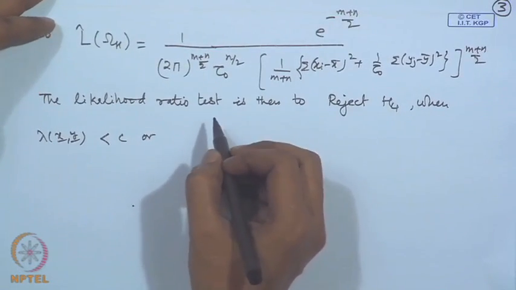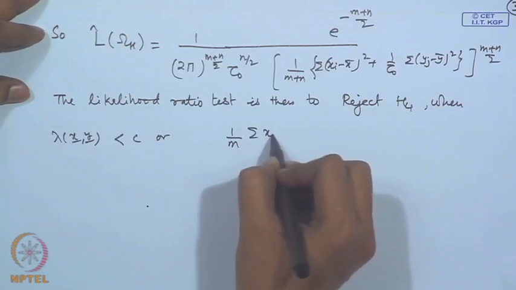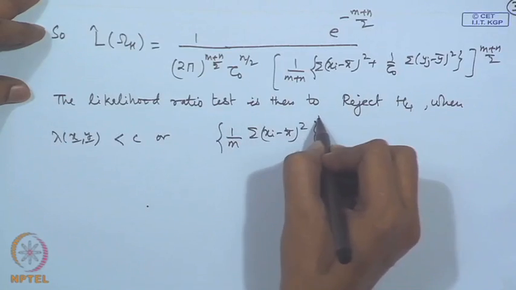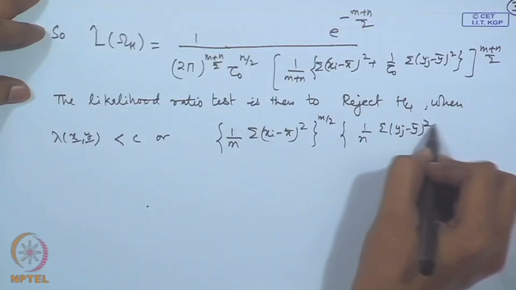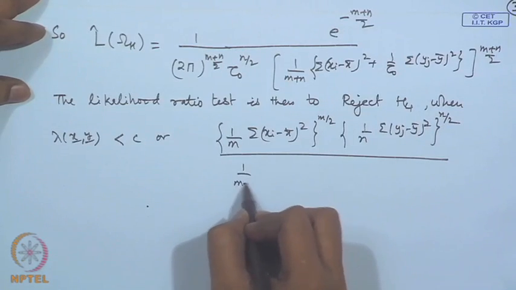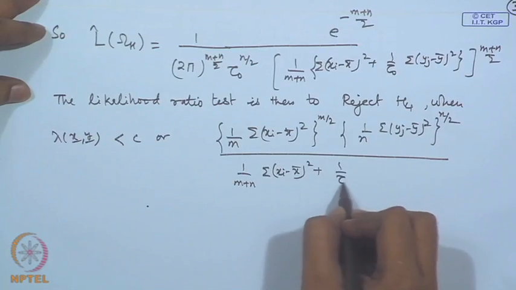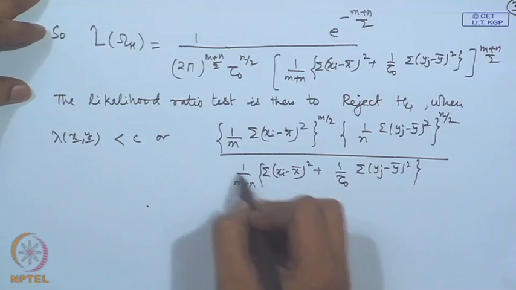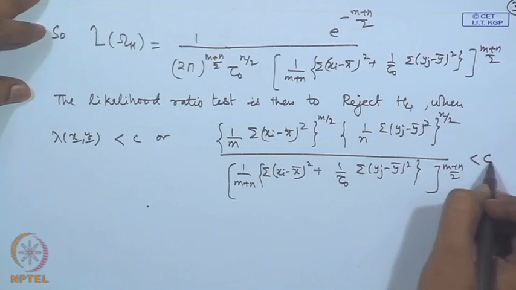[1 by m sigma (x_i minus x bar) whole square] to the power m by 2, [1 by n sigma (y_j minus y bar) whole square] to the power n by 2, divided by [1 by (m plus n) sigma (x_i minus x bar) square plus 1 by tau naught sigma (y_j minus y bar) square] to the power (m plus n) by 2, less than c.